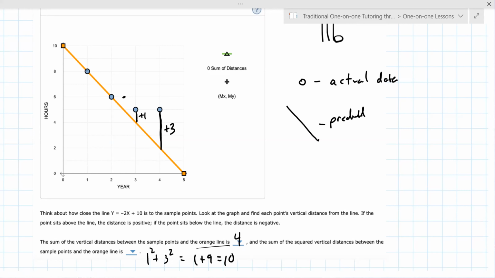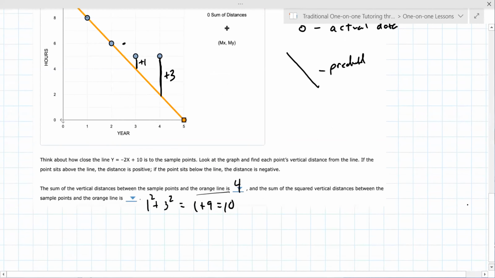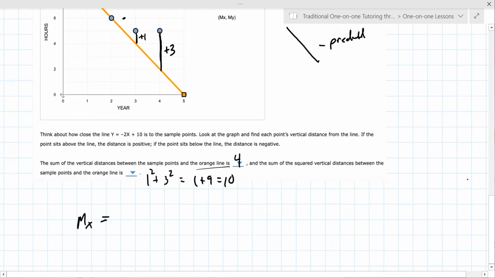Oh, I see. They want you to find MX and MY, and that's how they're doing it. MX is adding up all the X values, 1 plus 2 plus 3 plus 4, and dividing by 4, which is 2.5.